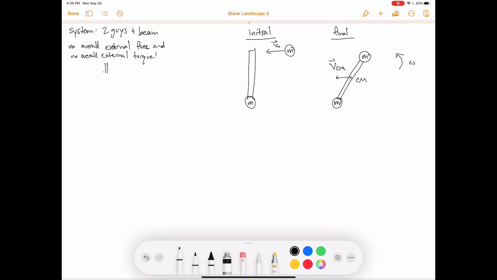So that implies two different things. The fact that we have no overall external torque means angular momentum is conserved. But also, since we have no overall external force, linear momentum is going to be conserved as well.